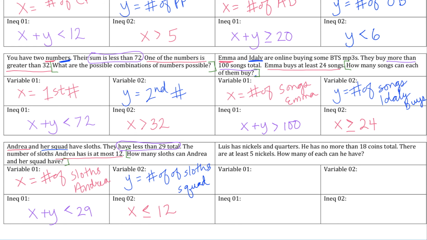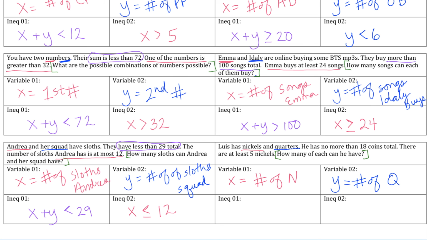All right, one more on this page. So Luis has nickels and quarters. Let's just jump to the question then. How many of each can he have? So let's do that. X can be the number of nickels, and Y can be the number of quarters.